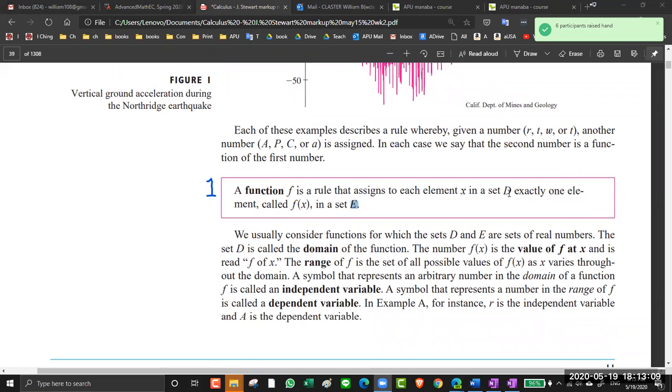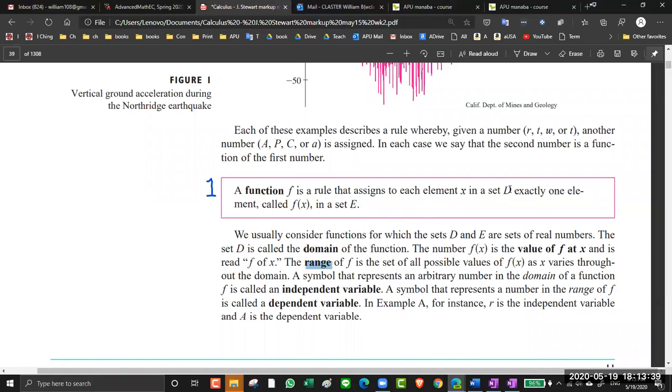What do we usually call this thing D, and what do we usually call E? E is the range, and D is the domain.